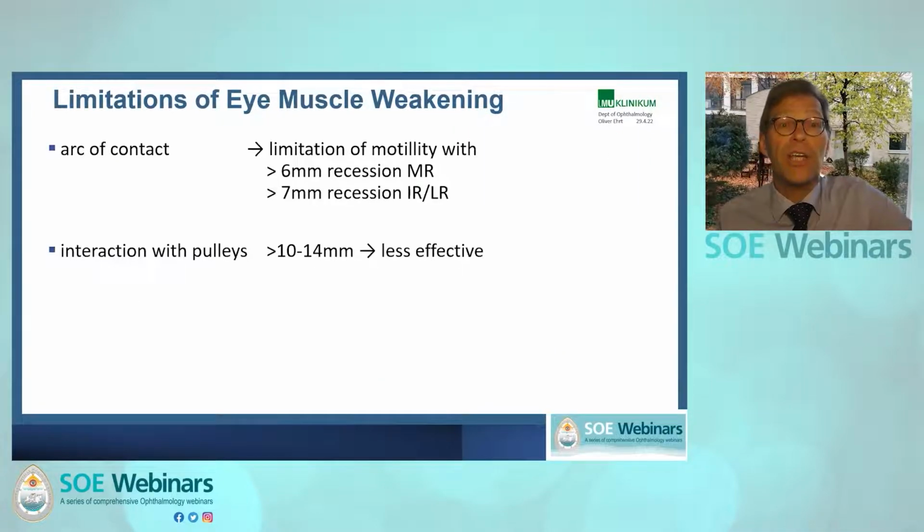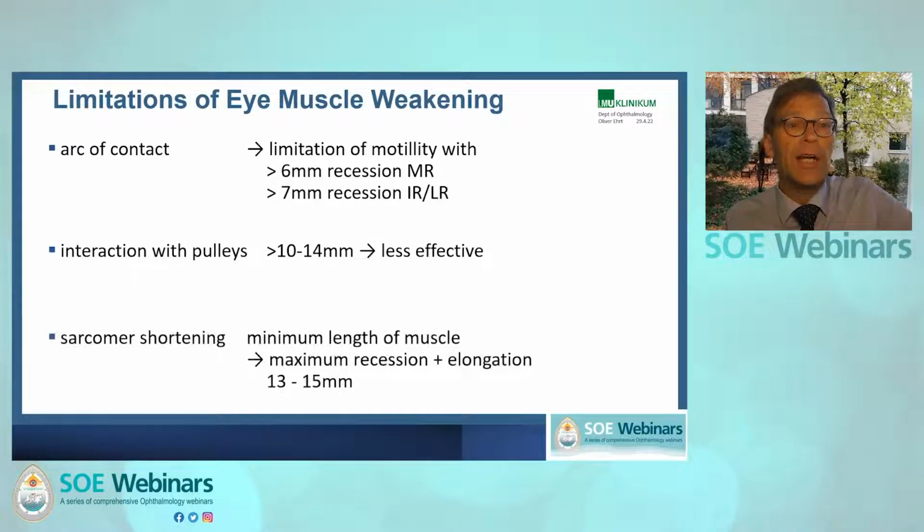There are other limitations when you weaken a muscle. One is the interaction with the pulleys, which occurs when the muscle is more than 10 to 14 millimeters recessed, weakening the effect of your recession, and the overall shortening of a muscle is limited by the sarcomere shortening.